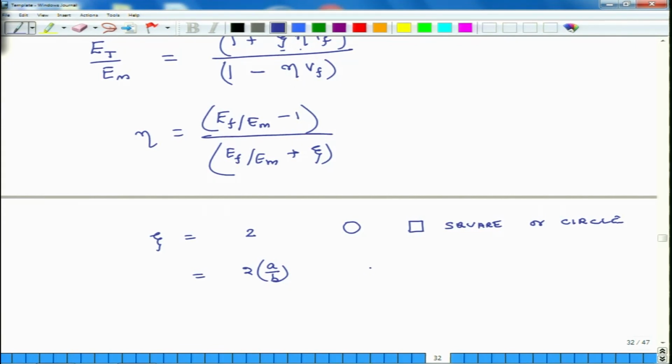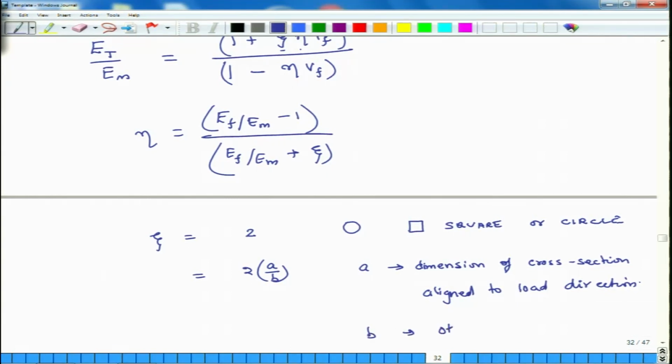A is the dimension of cross section aligned to load direction, okay, and B is the other dimension.